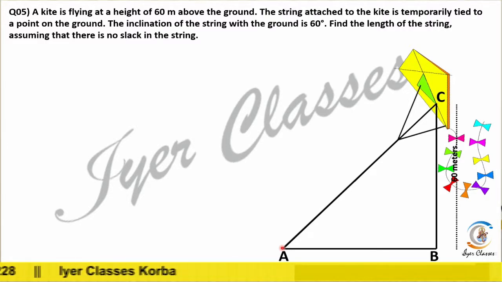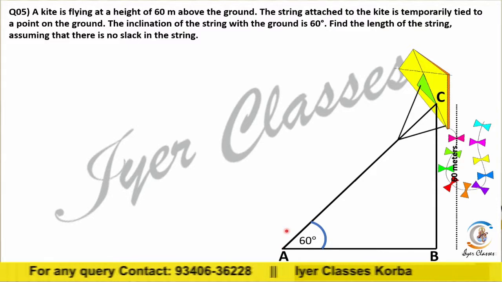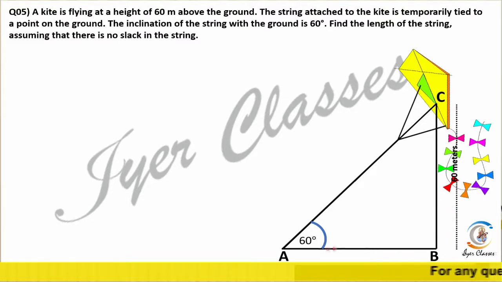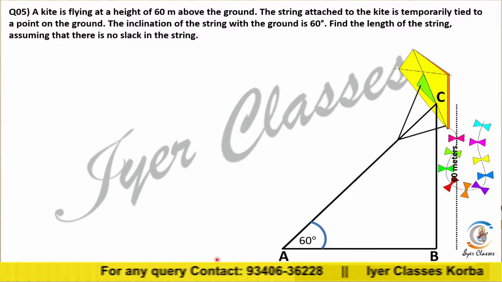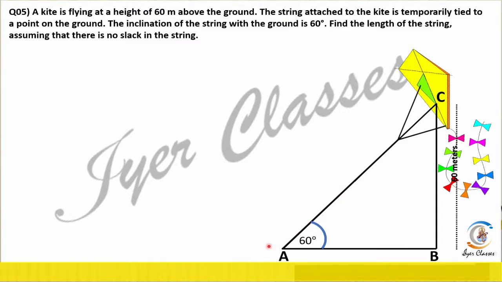You can see that ABC here is a right angle triangle, right? And the string is making an angle of 60 degrees with the ground. So you know the height, that means you know BC. In the triangle ABC, you know the height, that is the perpendicular, and you are supposed to find the hypotenuse, because that is the string's length.